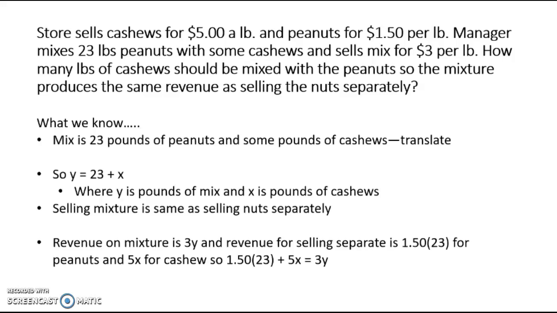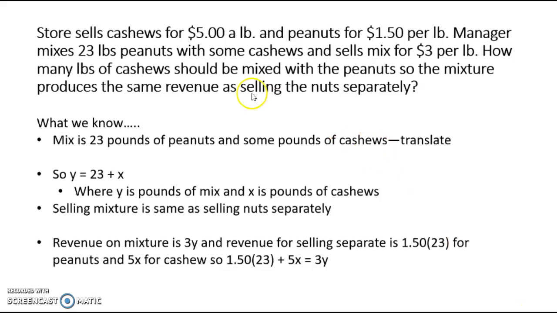So here's what we know. And a lot of times when I'm working on these, I actually underline so that I know what I'm looking at without having to go back and reread the whole thing each time.